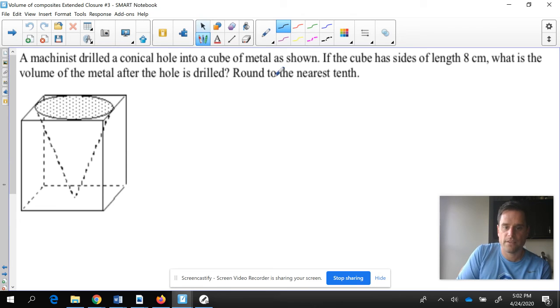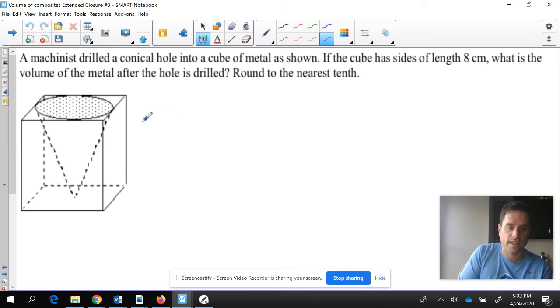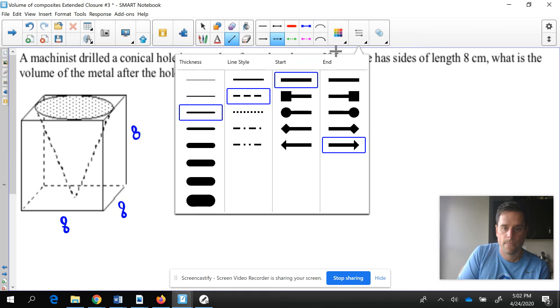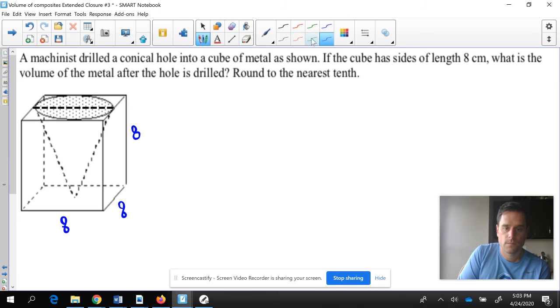So whenever you have a problem like this, and this goes for any type of math problem, I always like to label. I know it's a cube, so that's 8 by 8 by 8. That also tells me that this length right here is also 8.